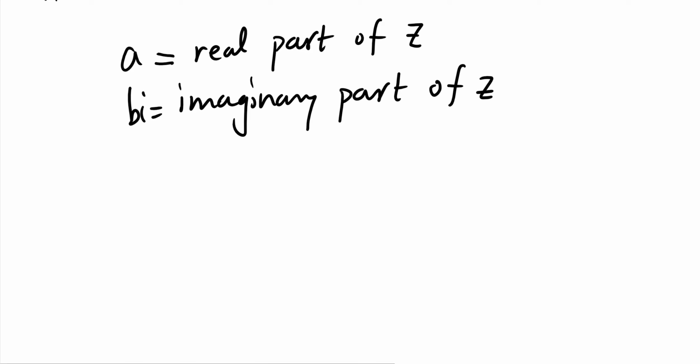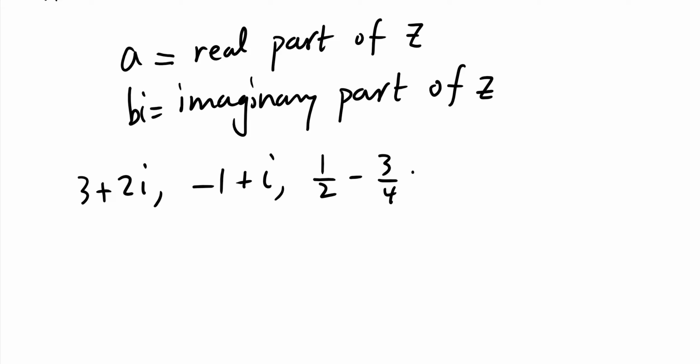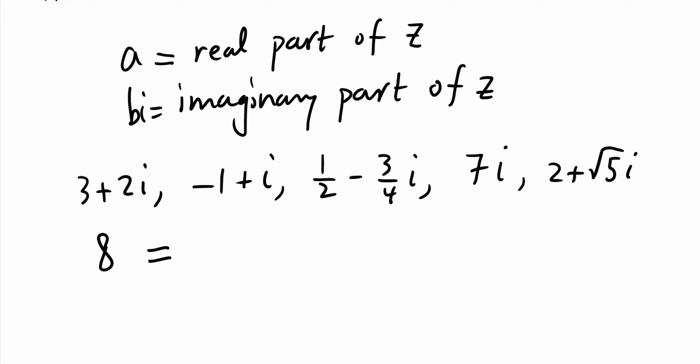Examples of this could be 3 plus 2i, or negative 1 plus i, or 1/2 minus 3/4 i, or 7i. Even if there are radicals, like 2 plus 5 square root of 5 i. Even 8 is a complex number, because you can write it as 8 plus 0i.